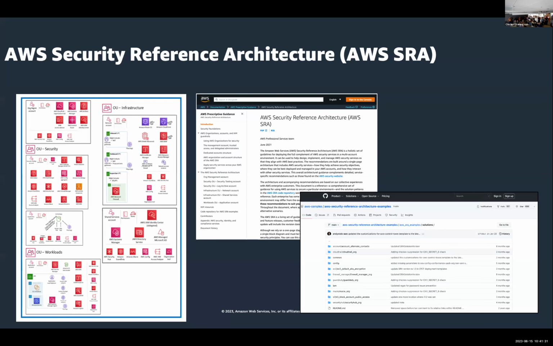This document is meant to be used as a reference for you to deploy this comprehensive set of AWS security services if you would like to secure a multi-account environment. On top of that, we have the AWS SRA code repository, which you can see on the bottom right side, which includes some infrastructure as code modules that can help you get started deploying this, so you don't have to reinvent the wheel.